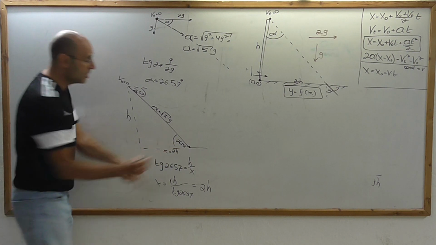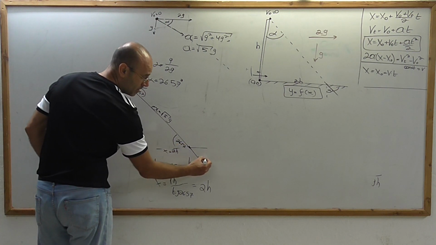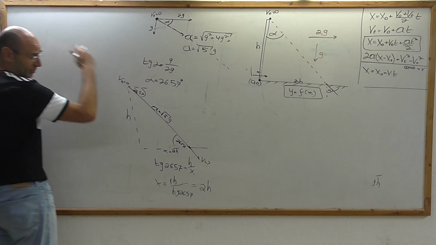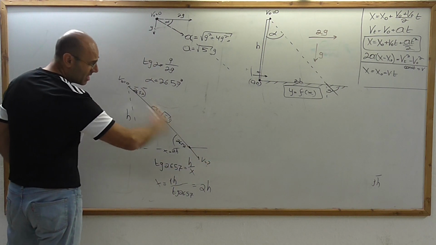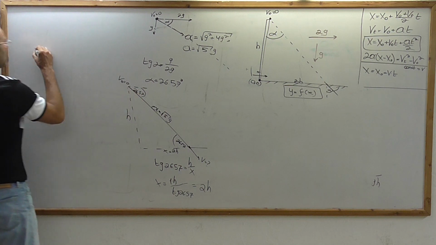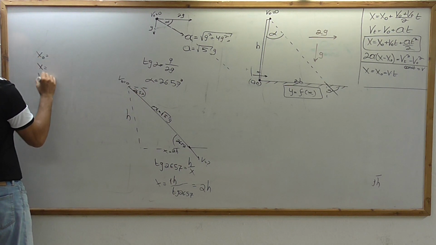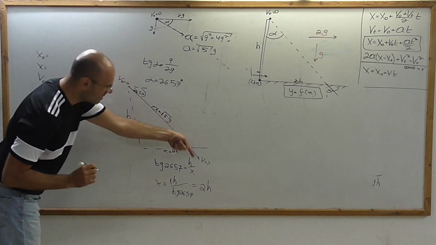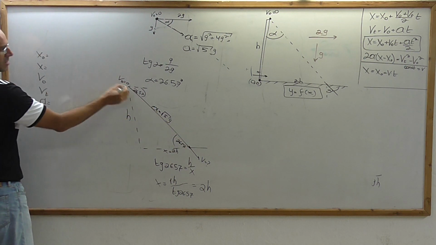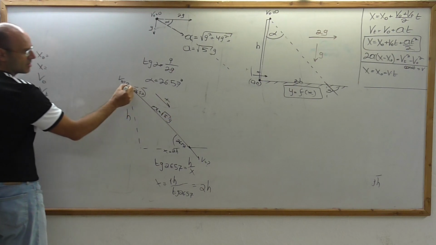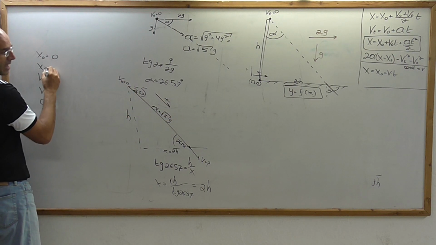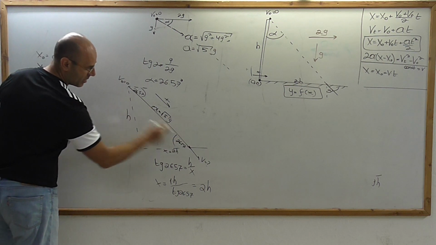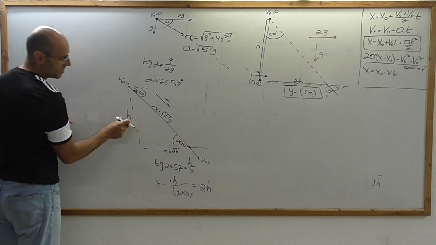And if I want to find the velocity, I can write the equation as if it was a straight line. So I only write the 6 variables just for this line. x0, let's say this is the positive way, this is the origin, so it's 0. x, we can find it from here, because this is 2h, this is h.